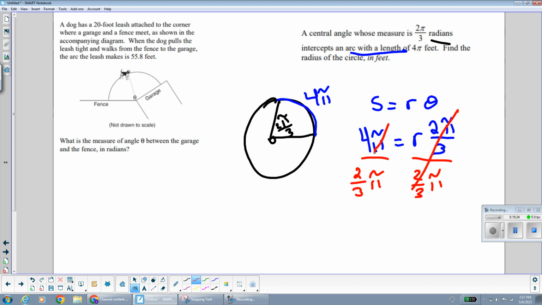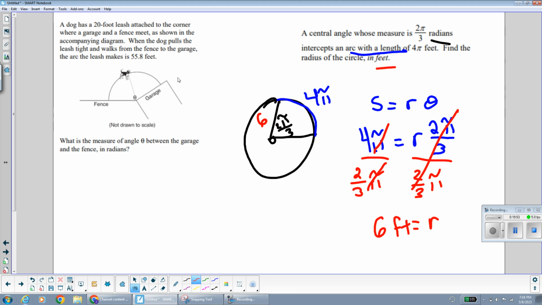Now there is a pi in the numerator and the denominator, so the pi's cancel out. And I'm going to go to my calculator to divide the coefficients. So on my calculator, I'm going to do 4 divided by, let me get my fraction button, 2 over 3. And I got 6. So the length of the radius that makes this arc length is 6. And that would be 6 feet, because the question does say feet.